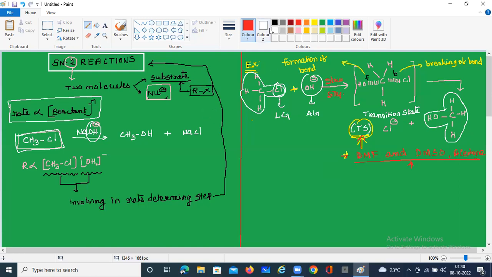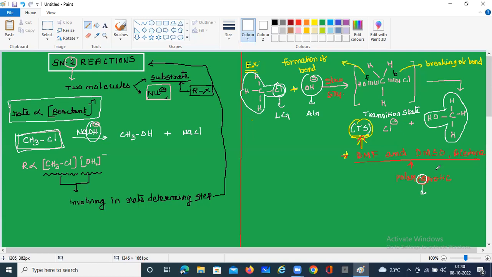It must be a polar aprotic solvent. Important point. What does A stand for here? A stands for without, meaning absence.